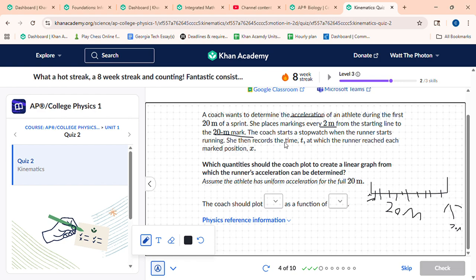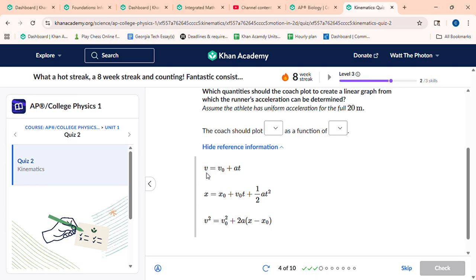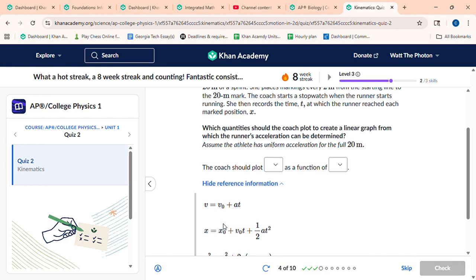The coach starts a stopwatch when she starts running. We have time and x. Okay, so if we look at our reference, we have velocity, and we know that our initial velocity v of 0 equals 0 if she's at rest.